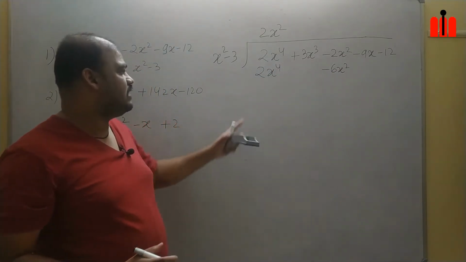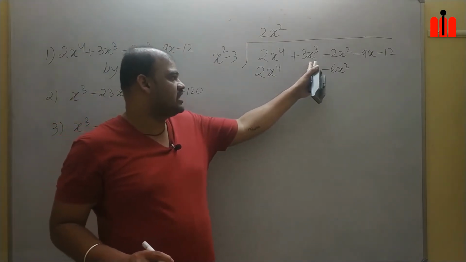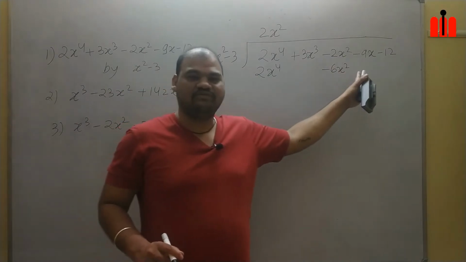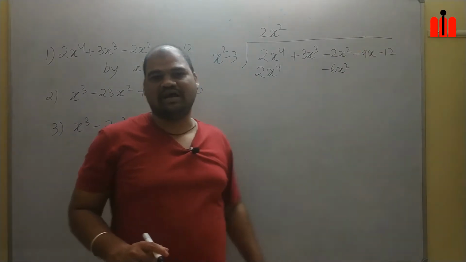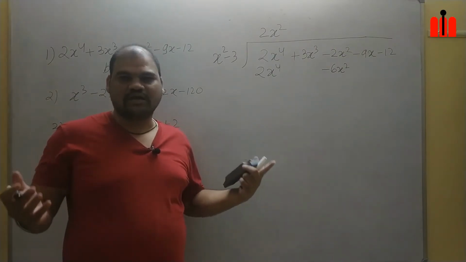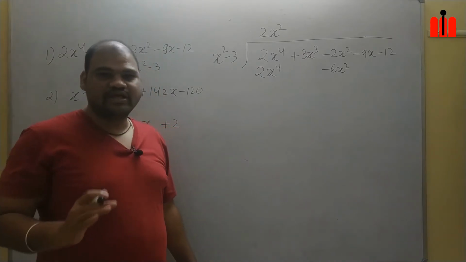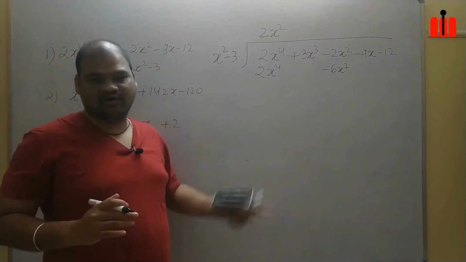The x to the power of 4 term will go, and the next larger term will be x cube, then x square, then x, and at last we will get some remainder, or if it is completely divisible, then we will get remainder 0.